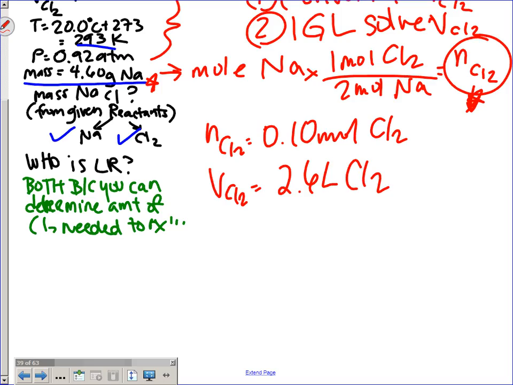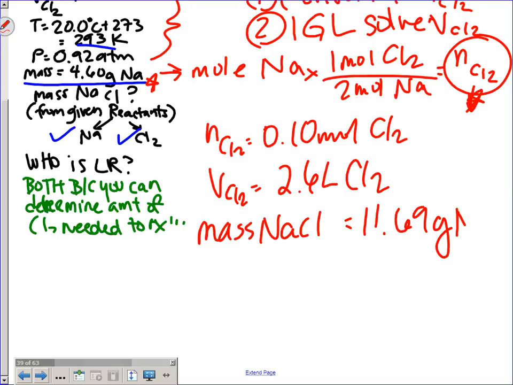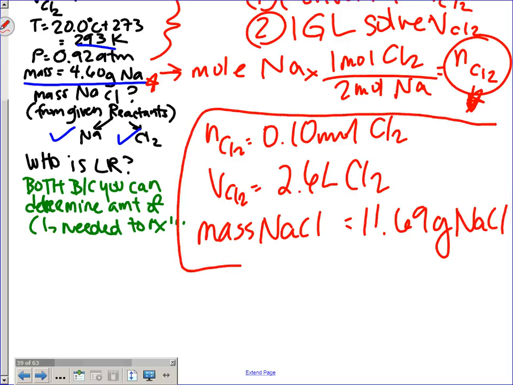So when you plug into your ideal gas law, I think you should have gotten 2.6. Sorry about that misinformation. And then as you went through to your grams of sodium chloride using stoichiometry, you should have gotten 11.69. Okay, cool. 11.69. So this should be what's on the bottom of your answer key. Not all the information likely, but that's what you should have done.